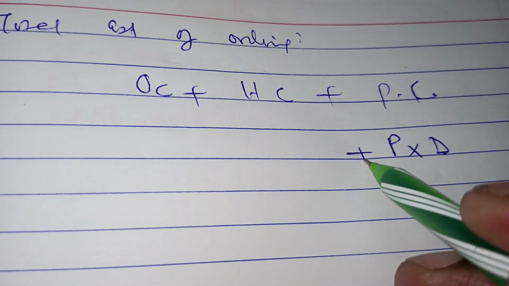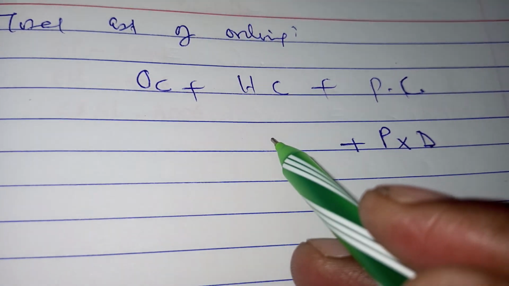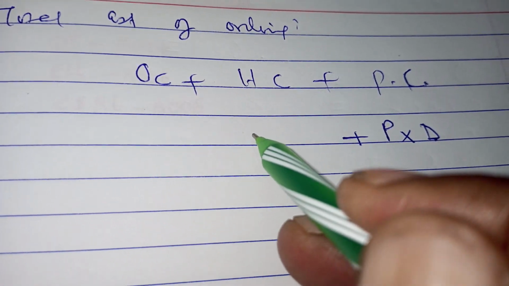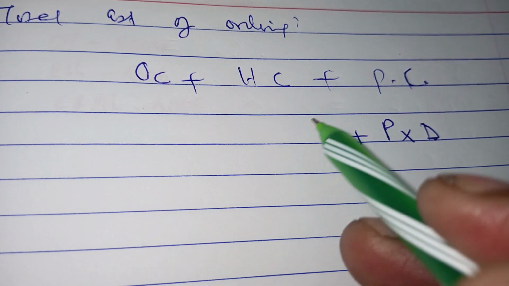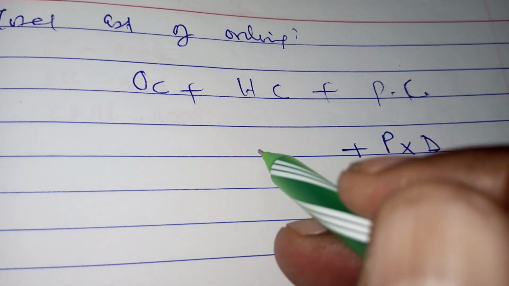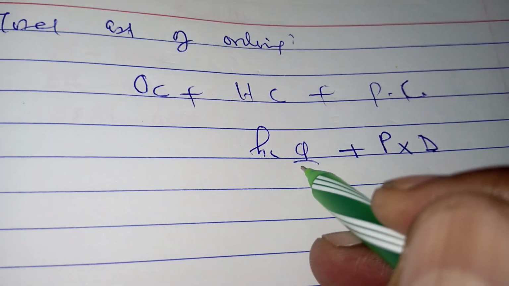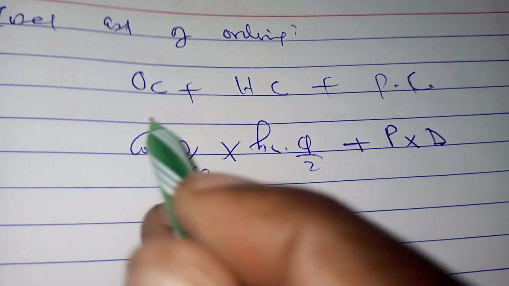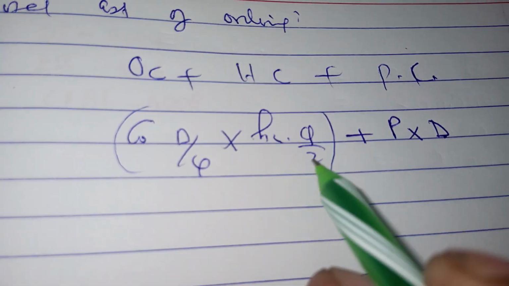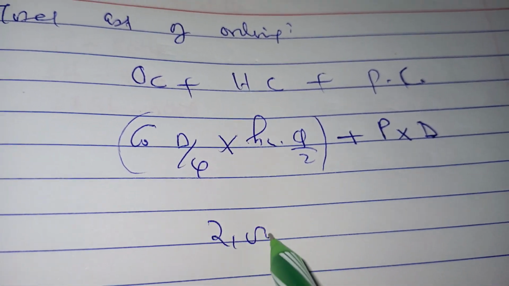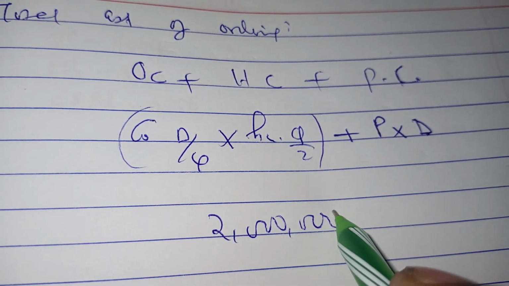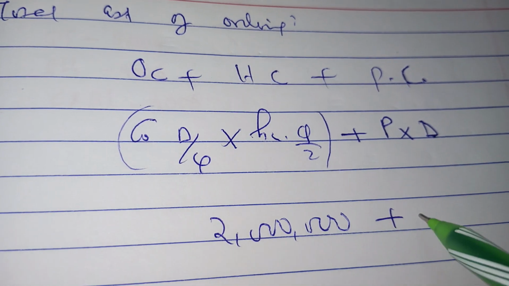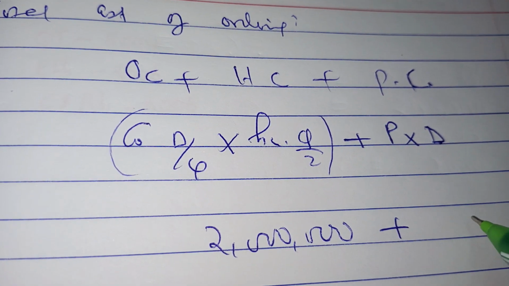And we shall also add the holding cost, and say the holding cost will be 1,000, then the ordering cost becomes another 1,000. This is COD over Q. We have already found these two to be 2 million.